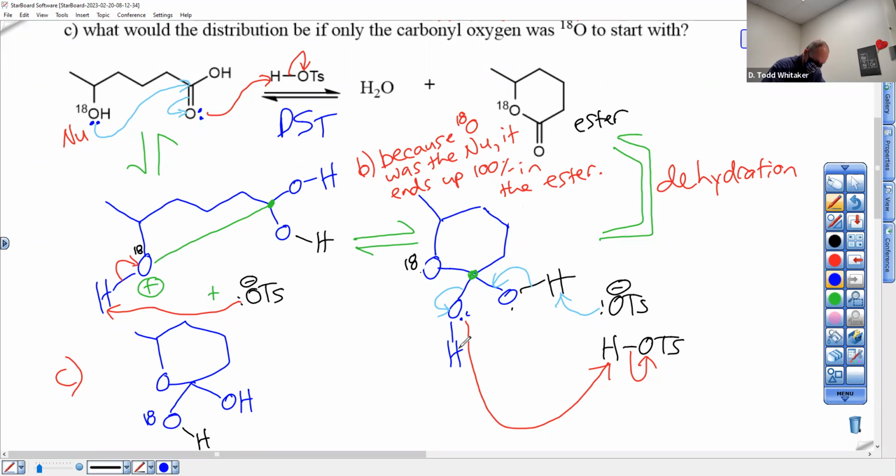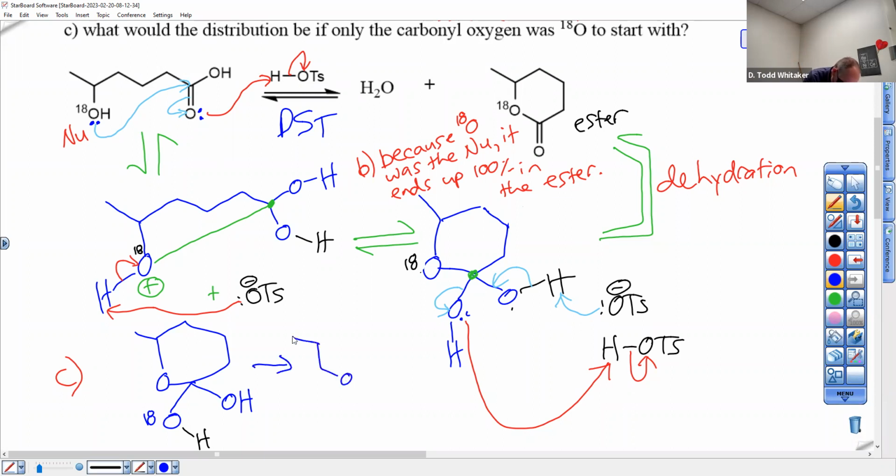Or could you have taken the H off of this O and lost this OH? You could have. And guess what the frequency is? 50% done this way, 50% done the other way. So 50% ends up in the ester as the carbonyl.